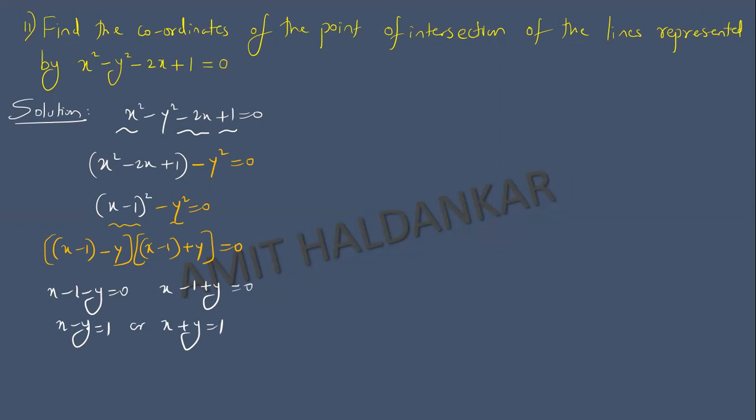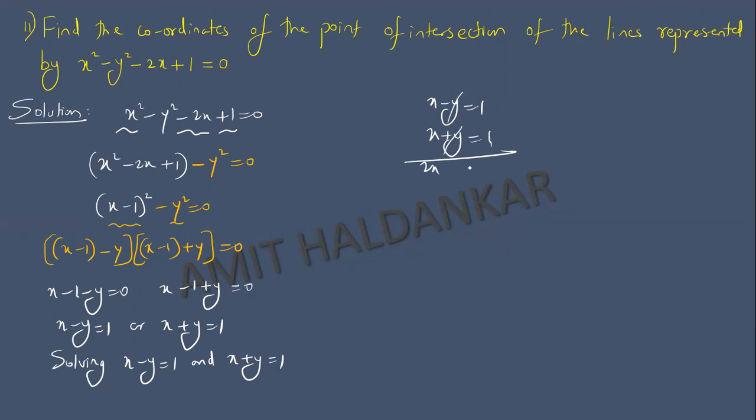And when you solve these two equations, x minus y is equal to 1 and x plus y is equal to 1, we can add them. Then add it. We'll get 2x is equal to 2, x is equal to 1. If I substitute it over here, I'll get 1 plus y is equal to 1 and y is equal to 0.